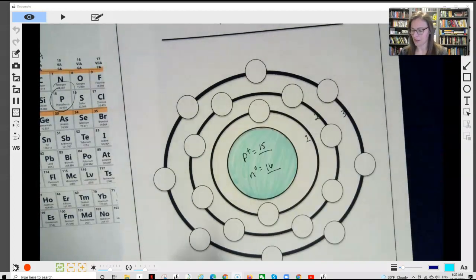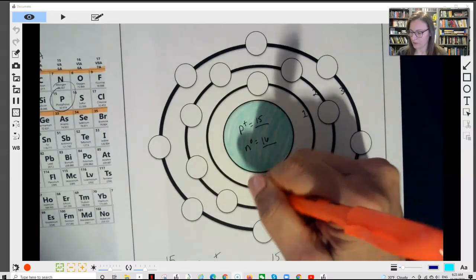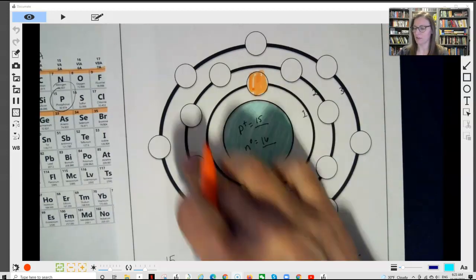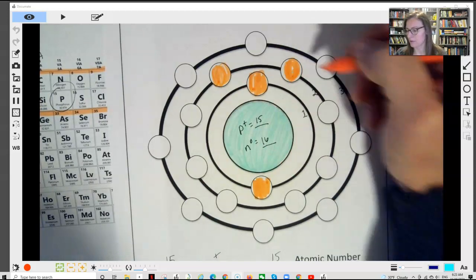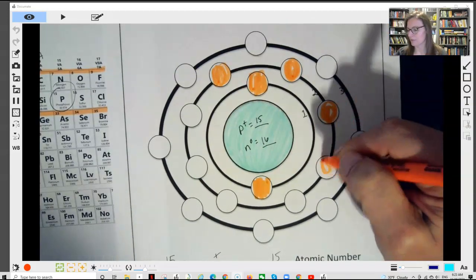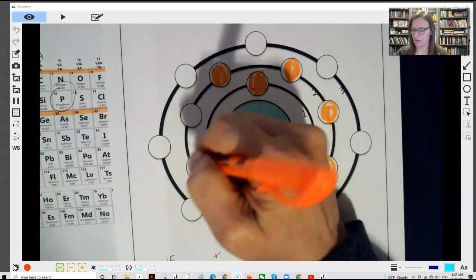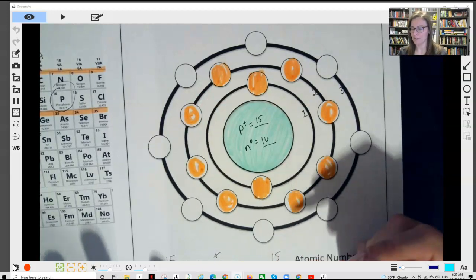So I have to start on the inside. So I would fill in 1, 2, and then I go to the next energy level. 3, 4, 5, 6, 7, 8, 9, 10. So I have 5 more to go, right? I've got 10 filled in so far.